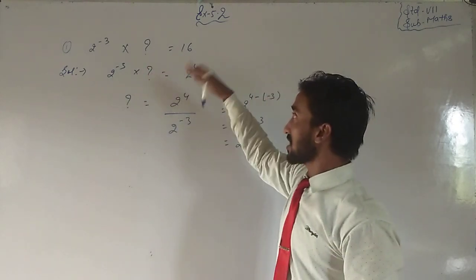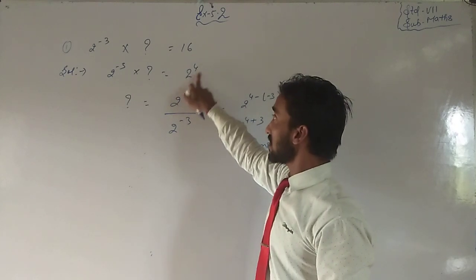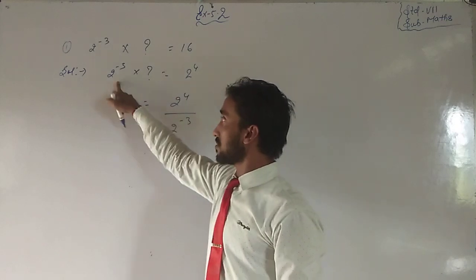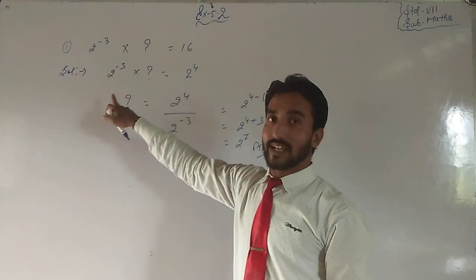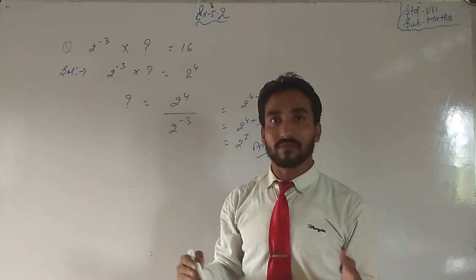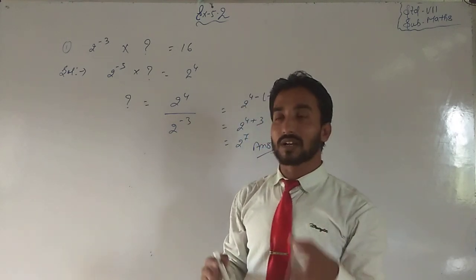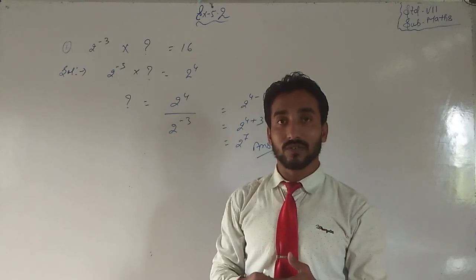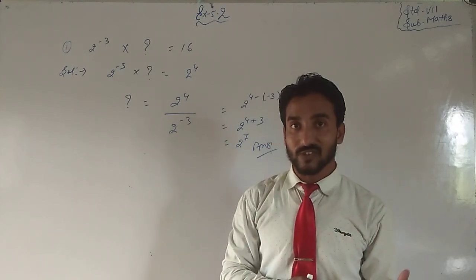So it comes 2 to the power 4. Now what are we observing? 2 to the power 4 and 2 to the power minus 3. It means the bases are equal. When bases are equal in multiplication, the powers will be added. But when the base is equal and it is in division, the powers will be subtracted.